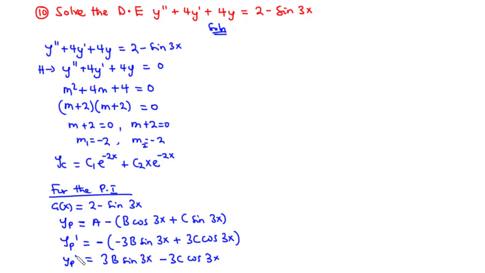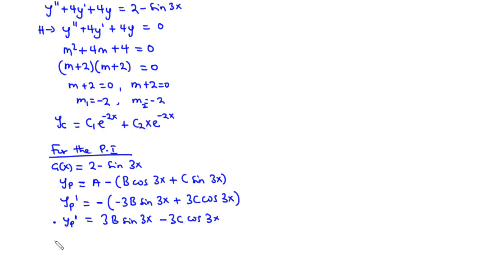So this is yp prime. Now let's move on to yp prime prime. So yp prime prime is equal to, we differentiate sine 3x, we have 3 cos 3x. So 3 times 3 is 9, and then b cos 3x, minus, when you differentiate cos 3x, you have negative sine.